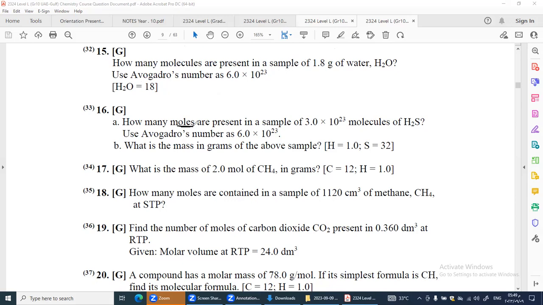How many moles are present in a sample of molecules? طيب.